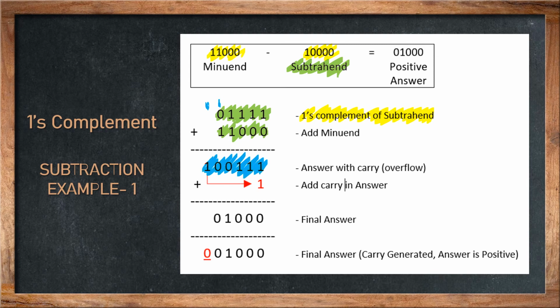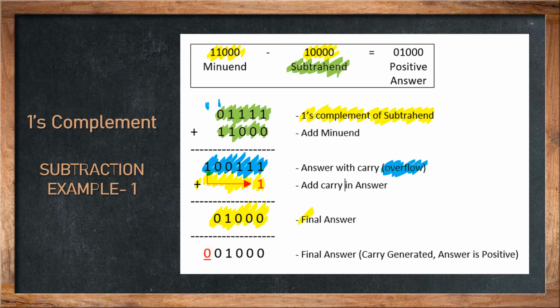And as we know, this is called the bit overflow, right? If the answer comes with a carry, we simply take that carry down and add that carry to the given answer.